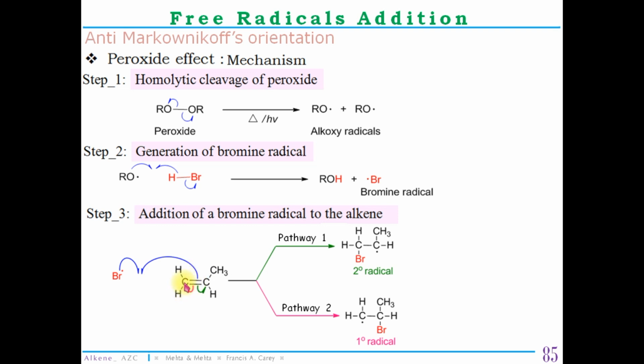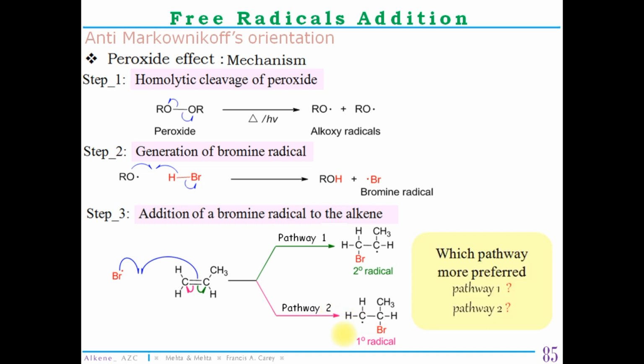It can attach either to this carbon which has more number of hydrogens in pathway 1 which gives secondary radical. Bromine radical can also attach with this carbon which has only one hydrogen in pathway 2 which gives primary radical.